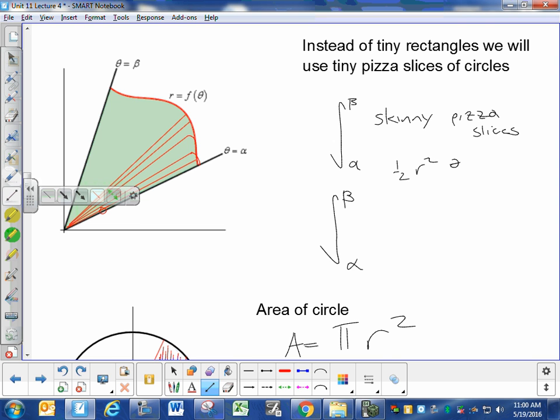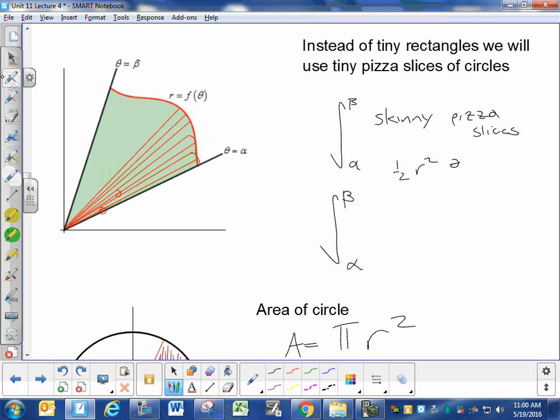What is theta becoming? How small? Infinitely small. What is the notation I can use for something infinitely small? D theta. Aha. We have a formula now for area inside of a polar curve.